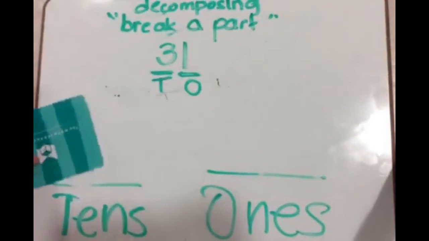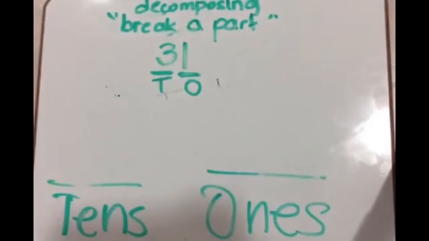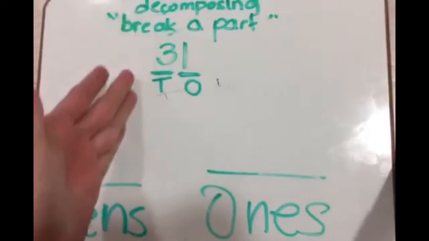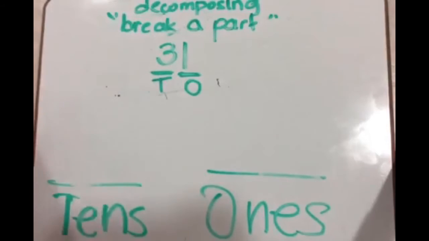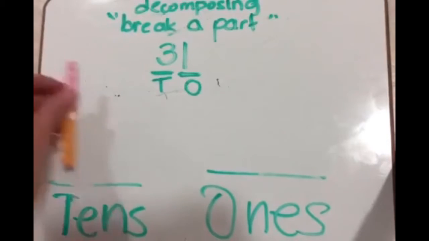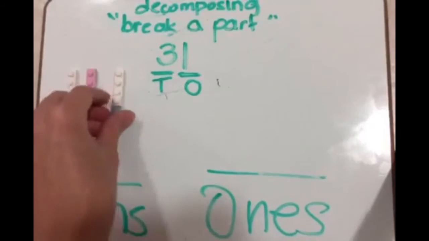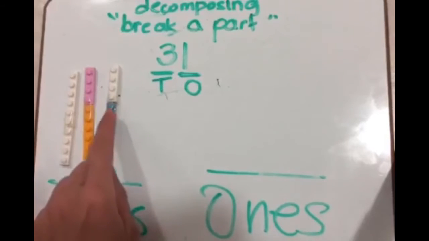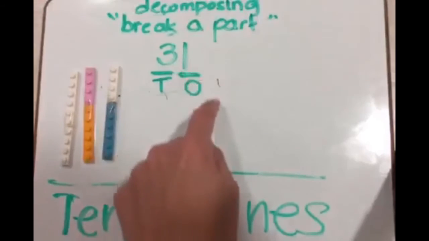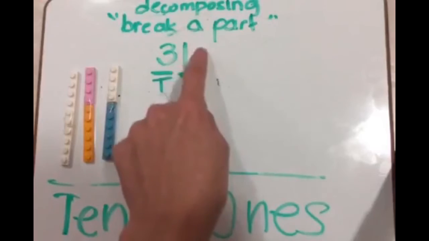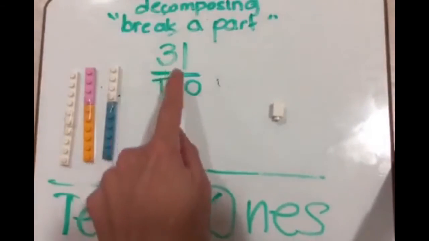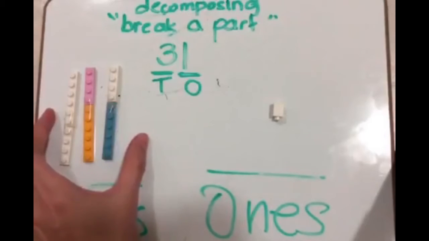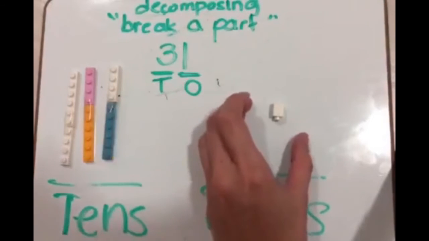So here, as you can see, in the tens space, I have 3 groups of tens that I need to show. So I have one group of tens, 2 groups of tens, and 3 tens. Now for ones, I have 1. So I just need to put 1. So 31 is made of 3 groups of tens and 1 one.